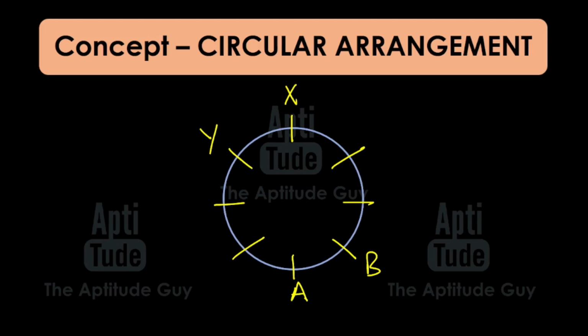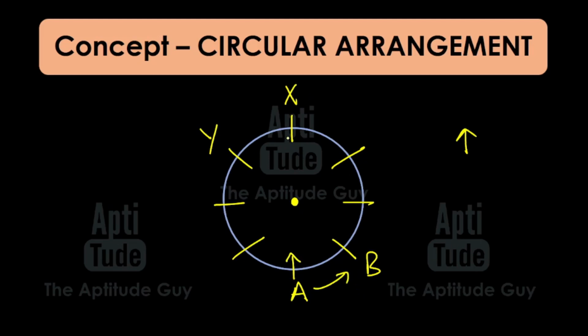See, when it came to linear arrangement, we assumed something. If nothing has been mentioned, then everybody is facing north. In the same way, when it comes to a circular arrangement, always assume that if nothing has been mentioned, everybody is facing the center. So A is facing the center, A is facing north, so A's right is our right.